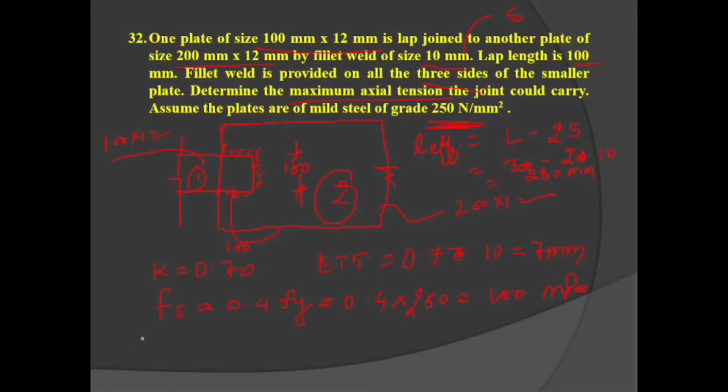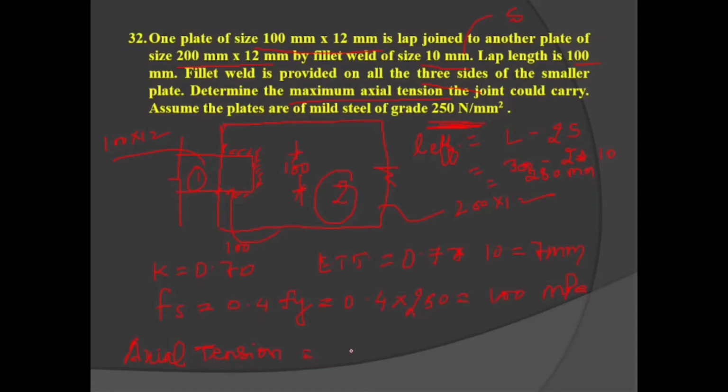We have to calculate the value of the tensile strength. So the maximum axial tension we have to calculate. We need not calculate the shear strength, because the examiner asked us only to calculate the axial tension.